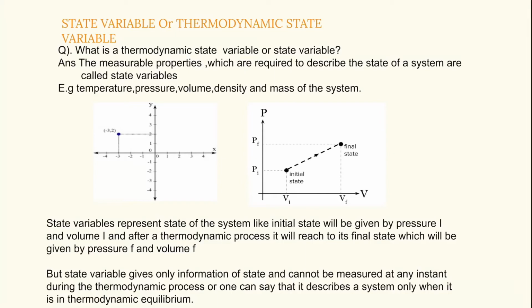The measurable properties which are required to describe the state of a system are called state variables. Example: temperature, pressure, volume, density and mass of the system. Here two graphs I have shown.